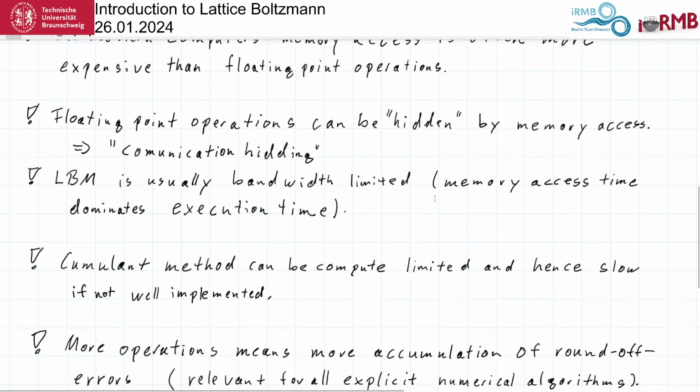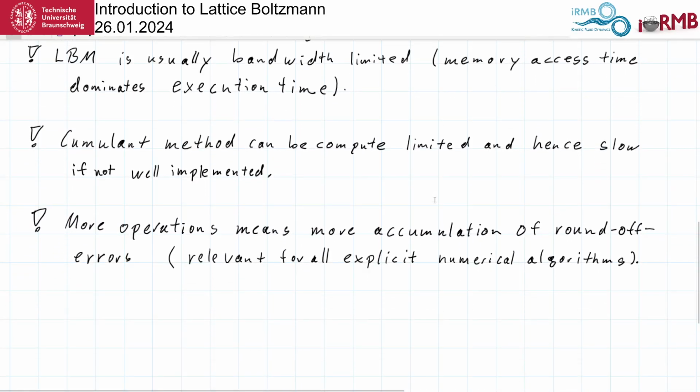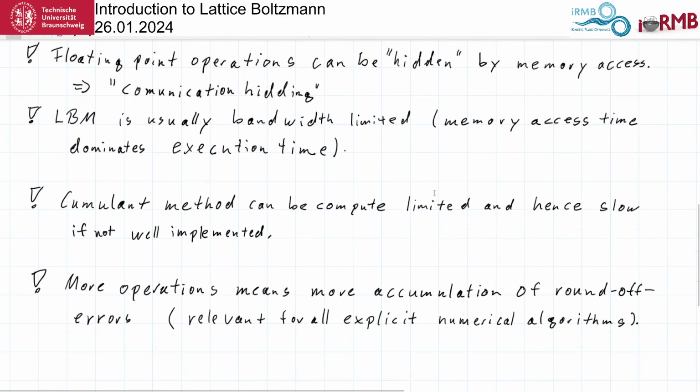Okay. And then there is another thing that is often ignored if you give the task of implementing Lattice Boltzmann code to a computer scientist. The computer scientist thinks in algorithms and whether this is fast or slow. Yeah.